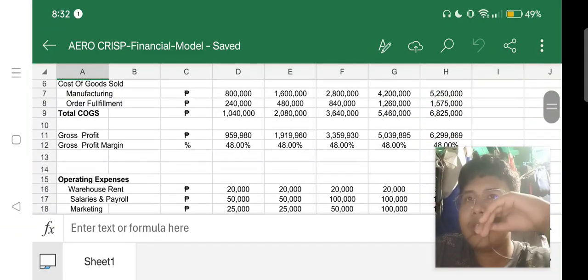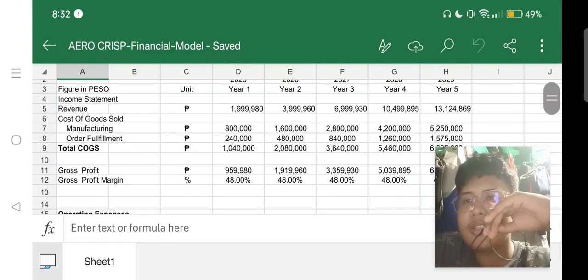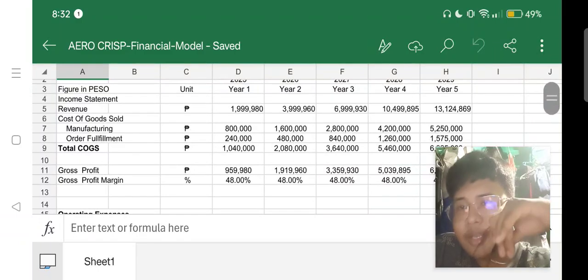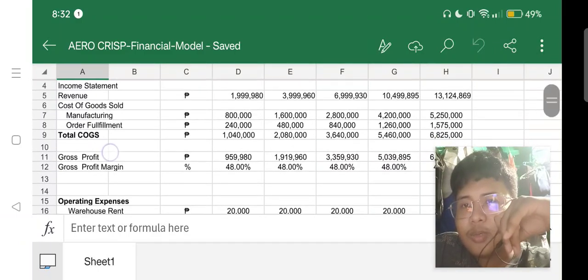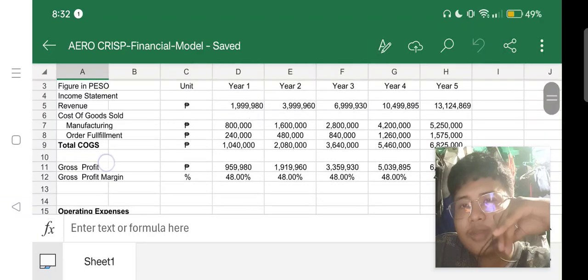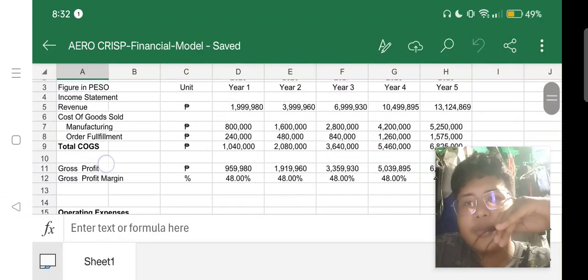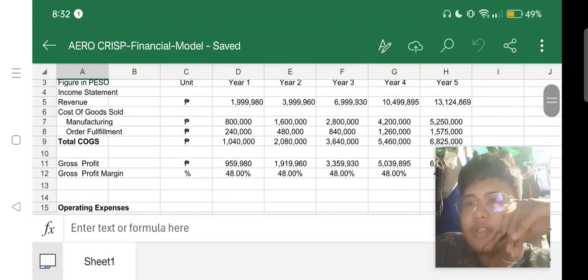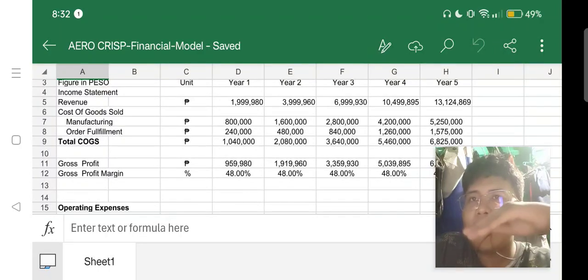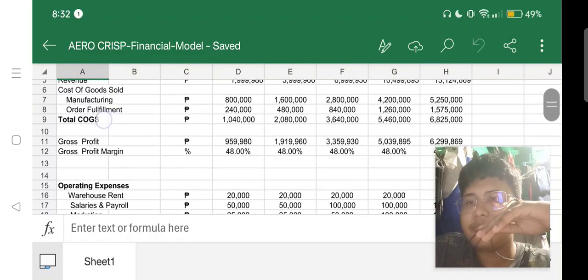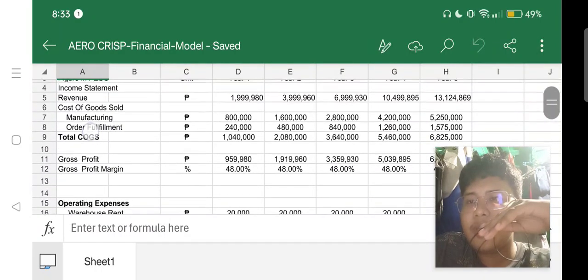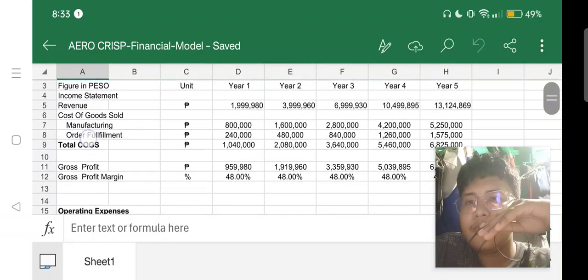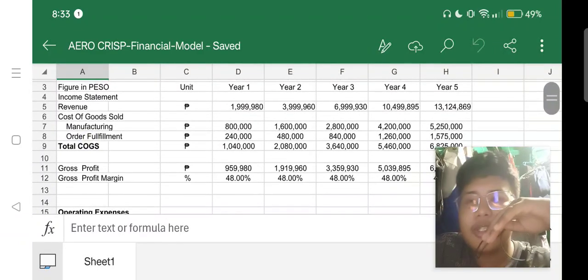For example, manufacturing cost goes from 800 to 1600 to 800, 4200 also, and 5250. And you will also see the order fulfillment cost from 240. Each year it is increasing, right?